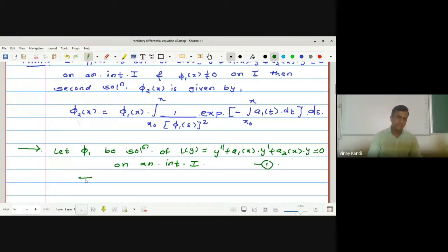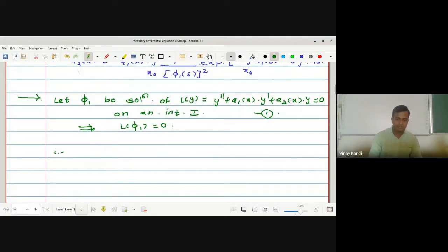So it implies that if phi 1 is the solution of L of y, then L of phi 1 is equal to 0. That is, phi 1 satisfies this second order homogeneous equation: phi 1 double dash plus a1 of x into phi 1 dash plus a2 of x into phi 1, which is equal to 0. Give it as equation number 2.